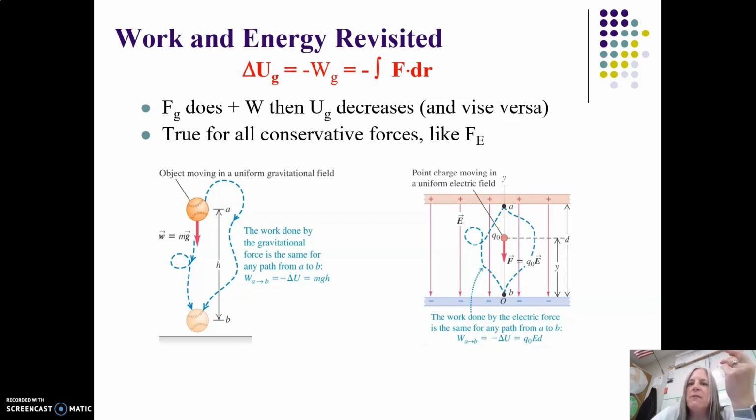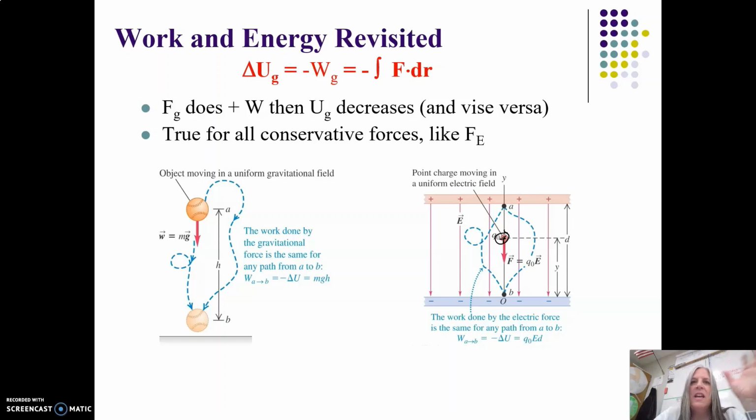for example, if I put a positive charge here in this plate, the electric field is going to push it down towards the negative plate. And so if I let it go, that's what it's going to do. It's going to go to the negative plate. And so its potential energy is going to decrease while its kinetic energy increases.